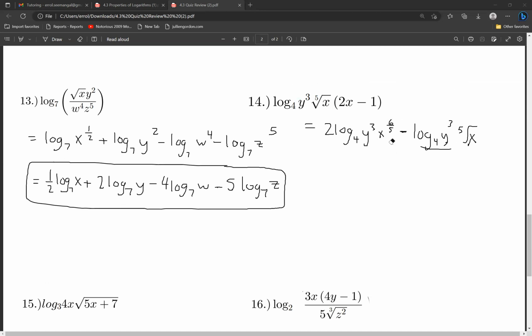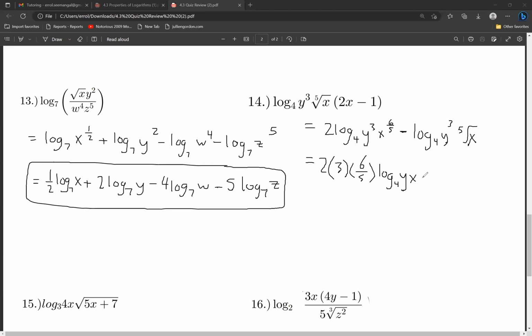Okay. All right, so now let's simplify it. Can we simplify this? How are we going to simplify this? We can bring this exponent down, this exponent down, this exponent down. Get it? Yes. 2 times 3 times 6/5 of log base 4 of yx, right?